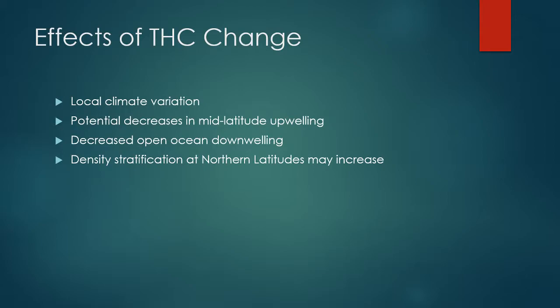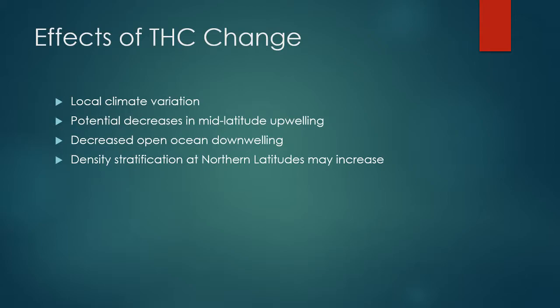So this mid-latitude upwelling is mostly around coastal systems, and if that were to decrease, that would decrease the amount of deep water being allowed out of that channel and system. That would not be too surprising with the open ocean downwelling decreasing as well, because that's decreasing the amount of deep water formation in the open ocean.